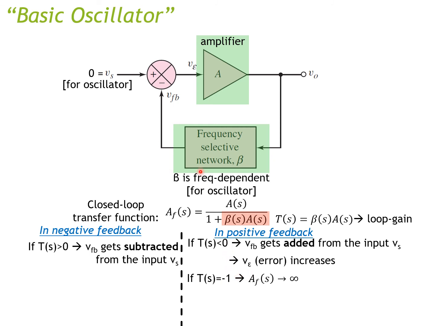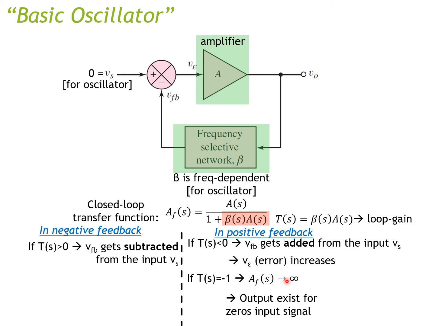Can you imagine? Basically, you just keep adding more and more into the error signal, which gets amplified. So when you get to -1, AF will go to infinity.